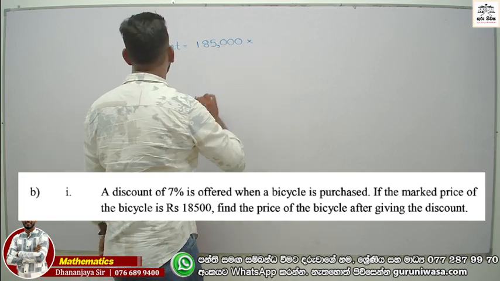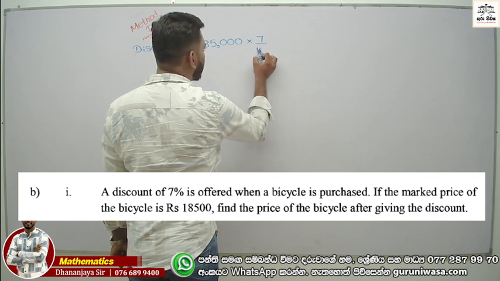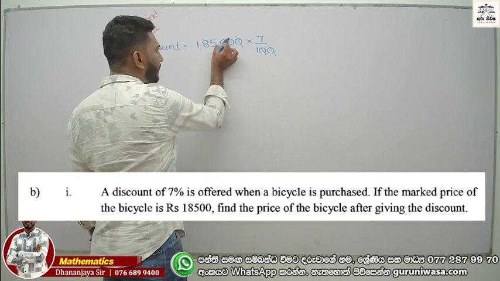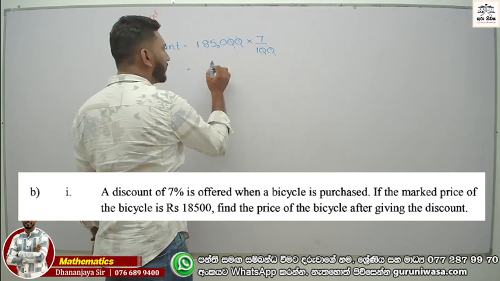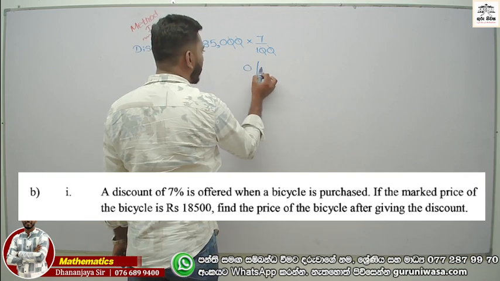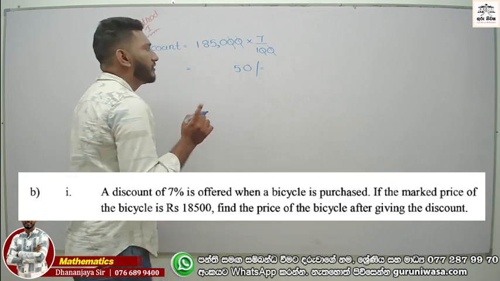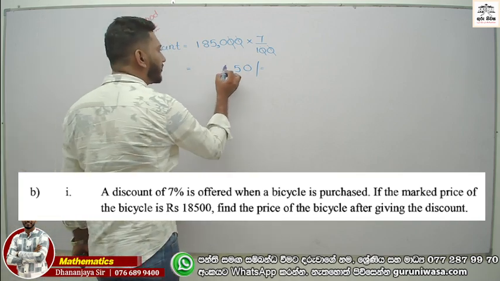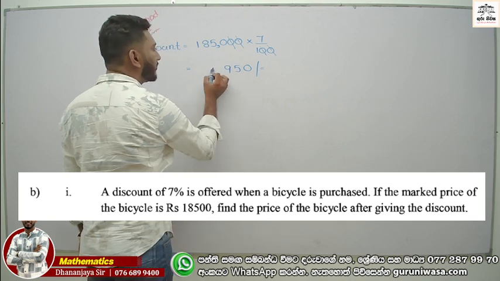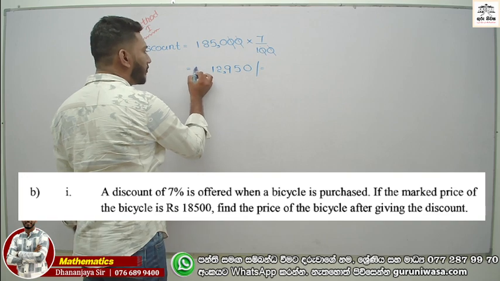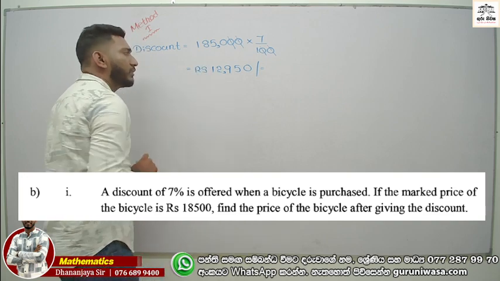Now you need to multiply by 7%. 7 times 0 is 0 and 7 times 5 is 35, 3 remainders. 7 times 8, 56 and 3 is 59, 5 remainders and 5, 7 is 12. Now 12,950 rupees. This is the discount.